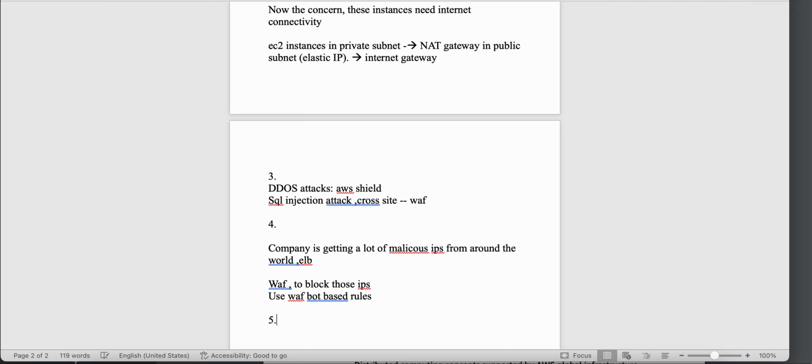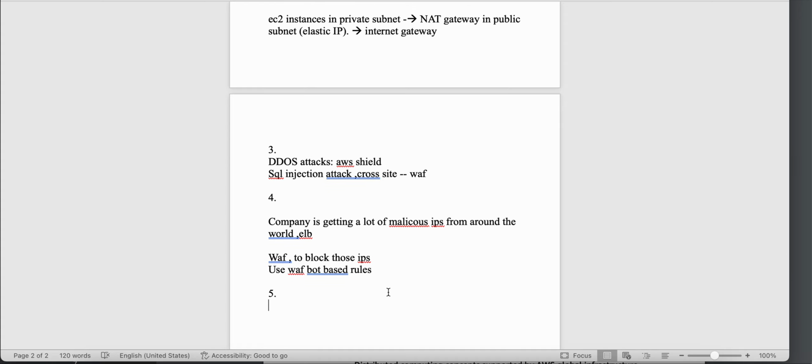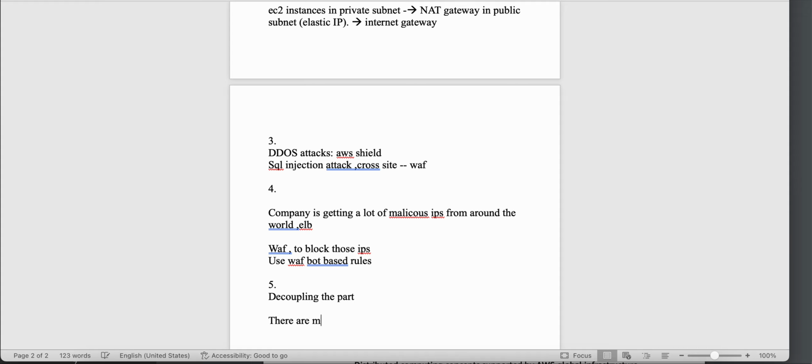Moving to the next part, decoupling. Something was written like there are many microservices interconnected to each other, and there is a sort of latency happening.